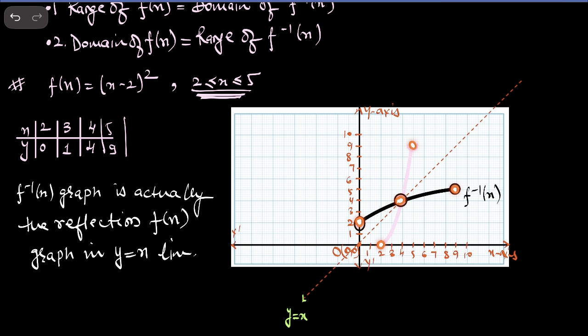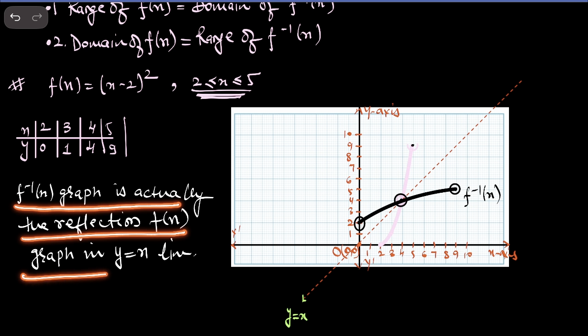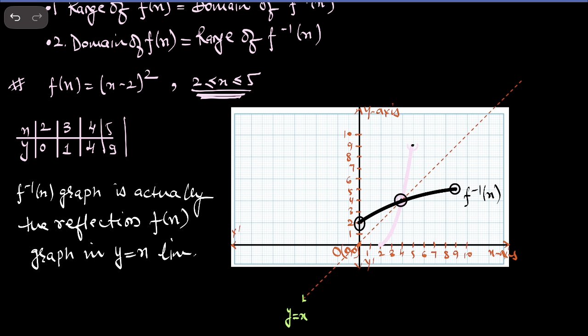And after plotting all the points, we have plotted the black color curve. This black color curve is representing f inverse x, right? So the inverse function graph is always the reflection of the f of x graph in the y is equal to x line. Okay, so this is very simple, and this is very easy to make the graph of the inverse of a function, right?